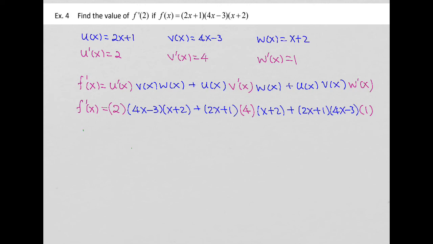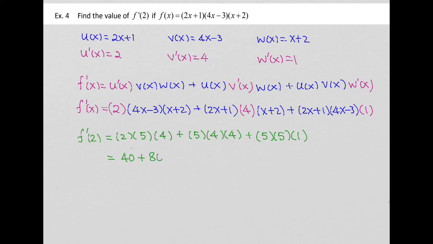Then we're going to have f prime 2 equals 2 times 5 times 4, plus 5 times 4 times 4, plus 5 times 5 times 1, equals 40 plus 80 plus 25. So our answer is going to be 145. Therefore, the slope of the tangent when x equals 2 is 145 on the function f(x).